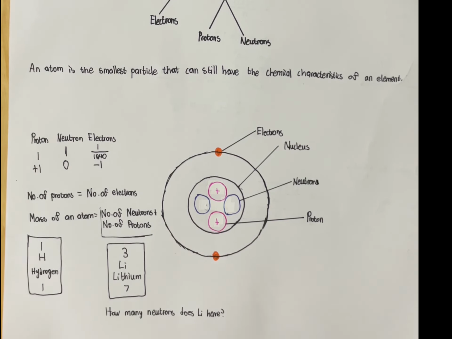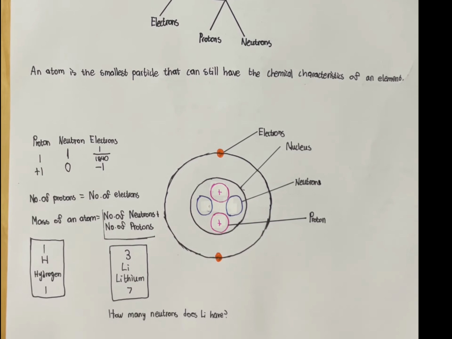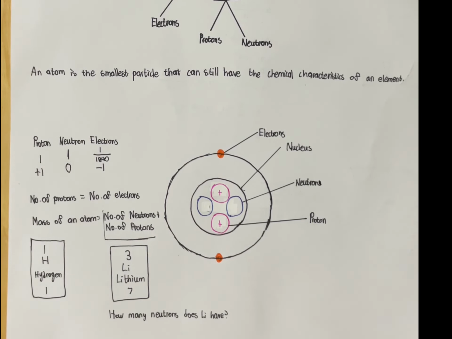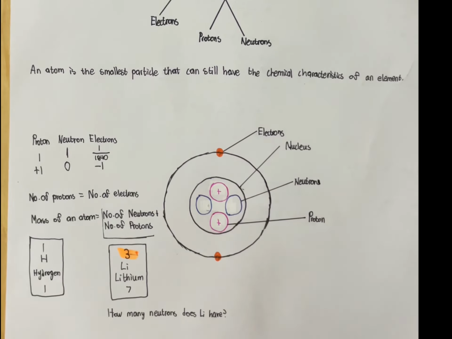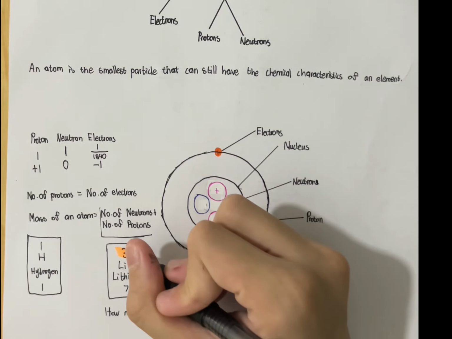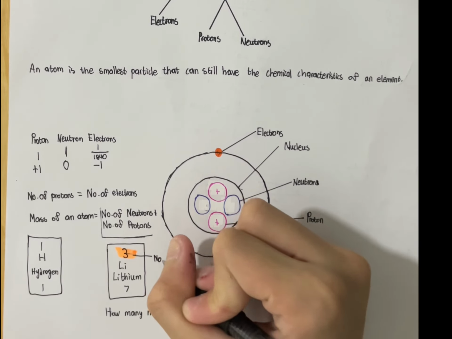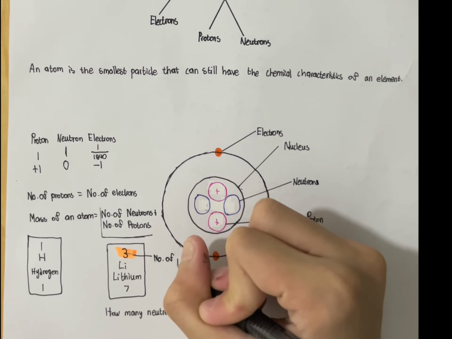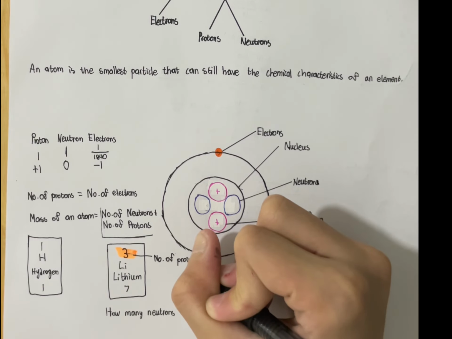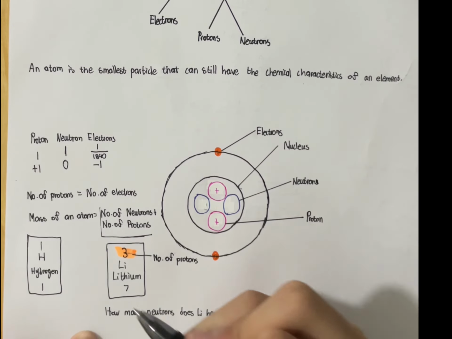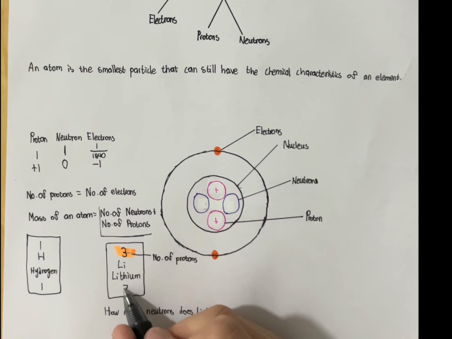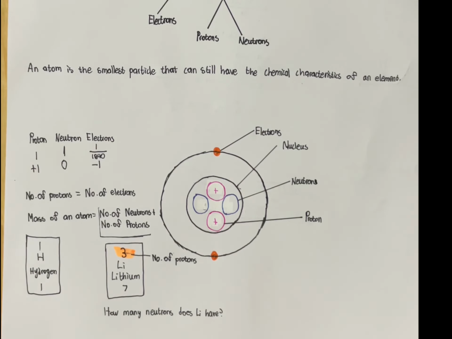If you recall, this top number is the proton number, the number of protons. And we have the mass number, which is below here. The mass number is 7.